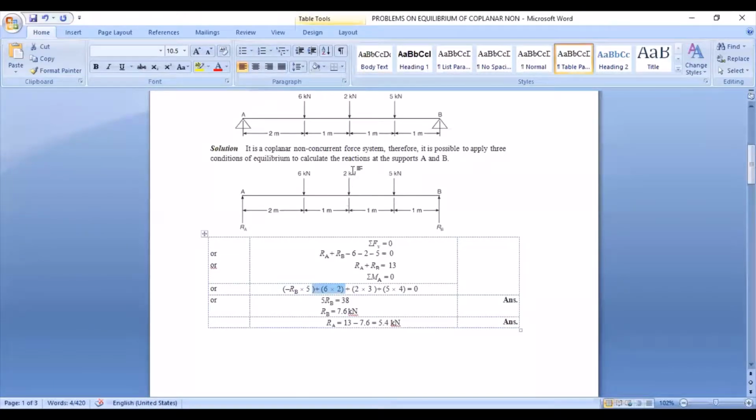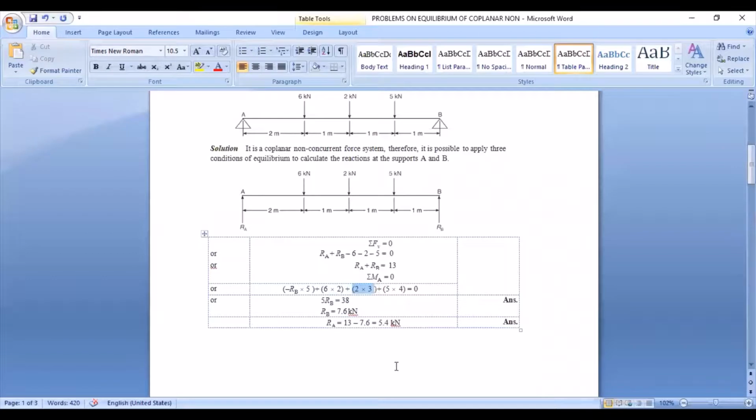Similarly, we have another force, that is 2 kilonewton. Again, 2 kilonewton is a vertical force, so the distance to be multiplied is horizontal. Always keep one thing in mind: the horizontal distance is to be measured from the moment center. The distance of 2 kilonewton force from the moment center is 3 meters, so it is 2 into 3.